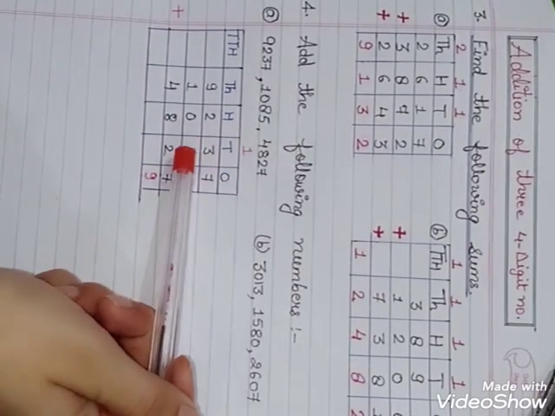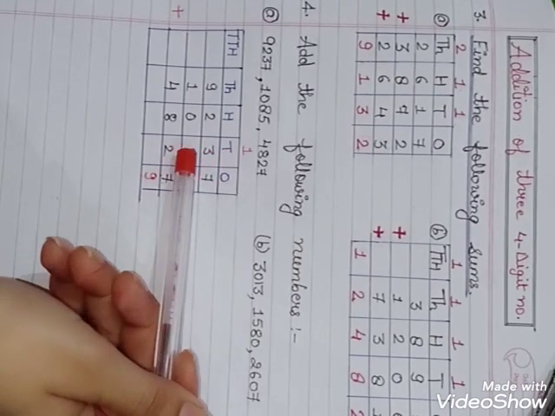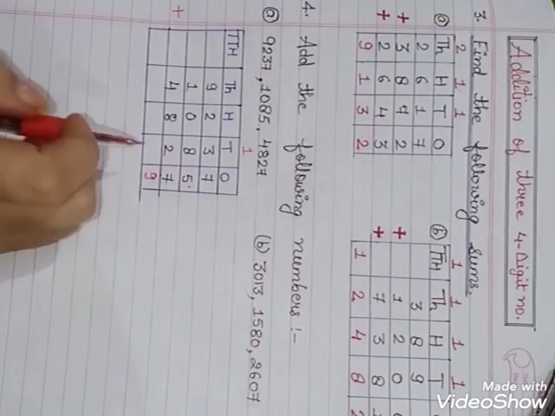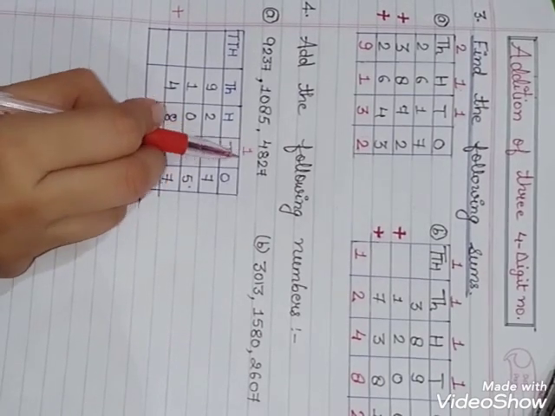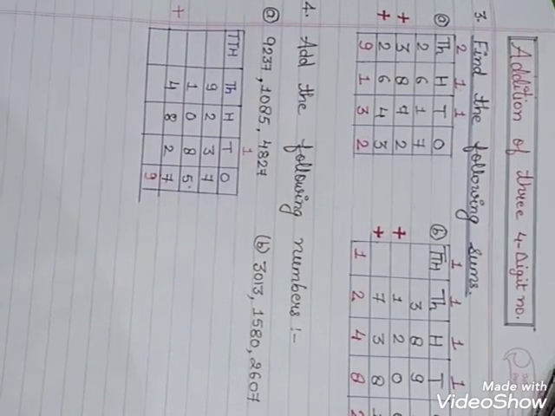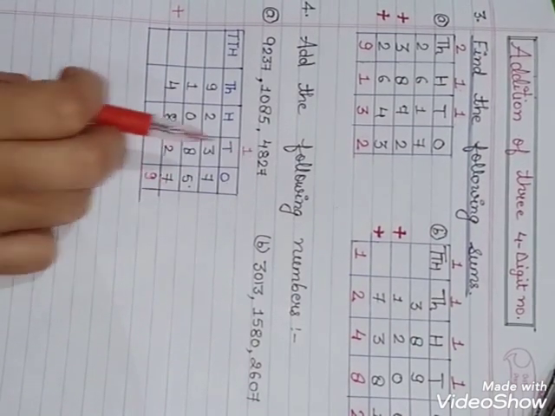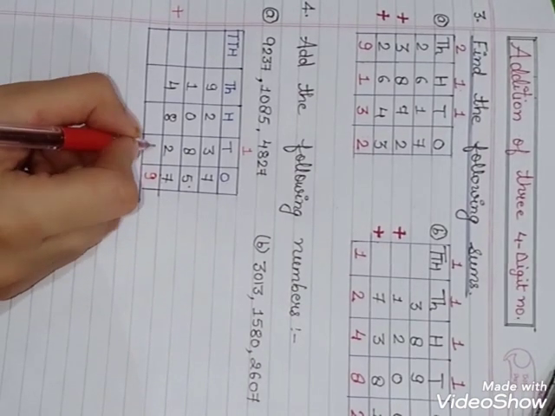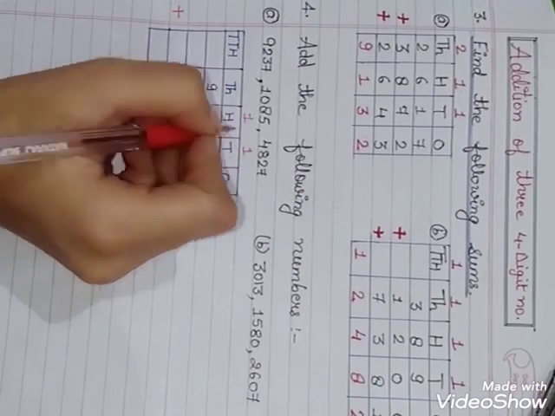If we add 3 and 8, we get 11, and 11 plus 2 is 13. Now we have to add 13 plus 1, which equals 14. So we write 4 here and 1 as carry here.